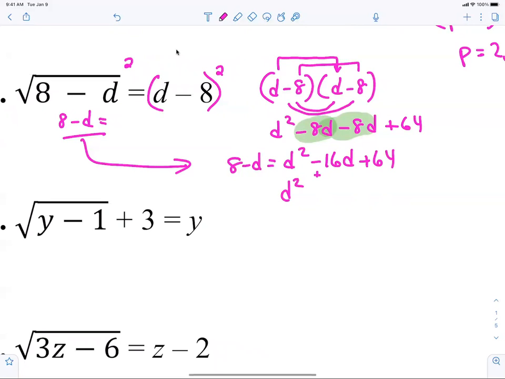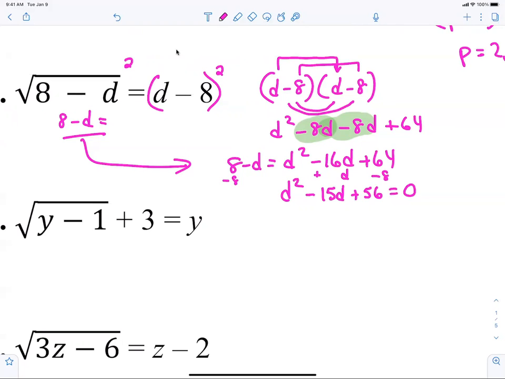Come on, guys. If I add d, what is that? Negative what? Yes, negative 15d. And if I subtract 8, 56. Thank you. Very good, very good.